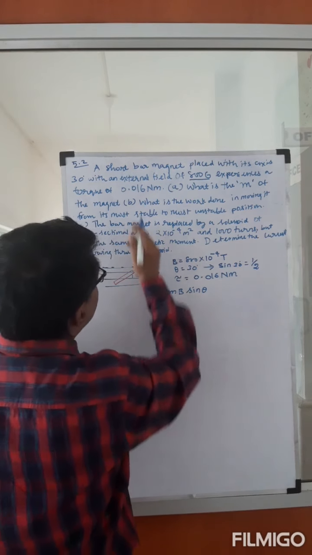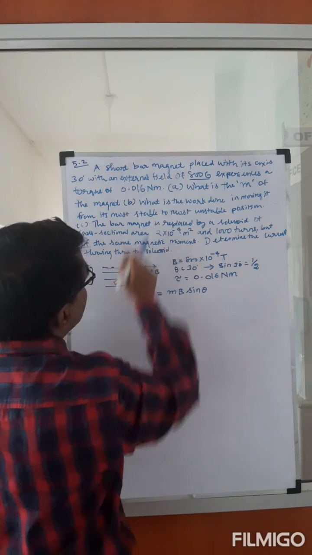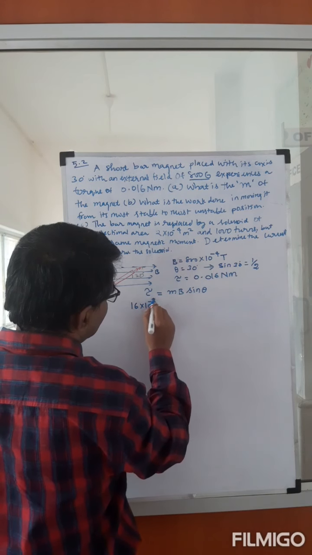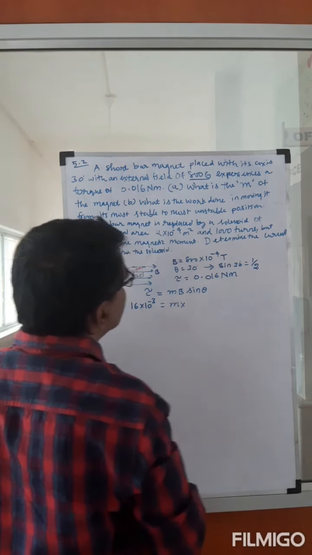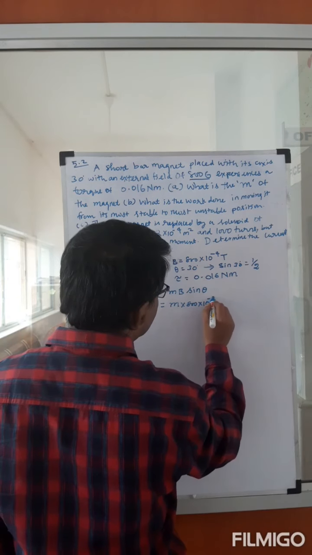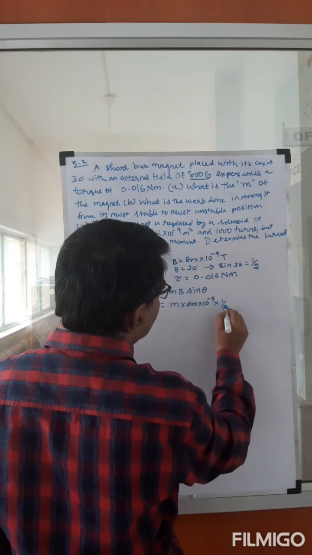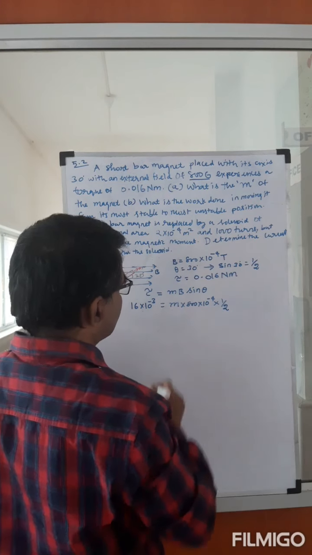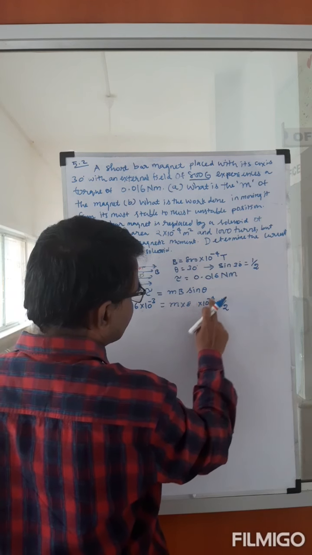Torque is 0.016, which is 16 into 10 to the power minus 3. That is equal to M, I have no idea, times B, which is 800 into 10 to the power minus 4, times 1 by 2. So what does it give me? 800 into 10 power minus 4, so I can say 8 into 10 power minus 2.